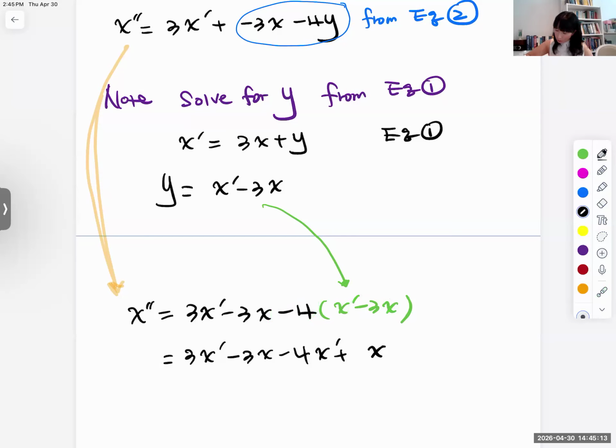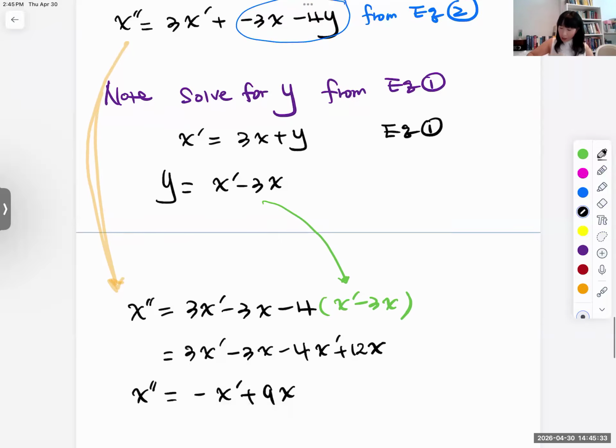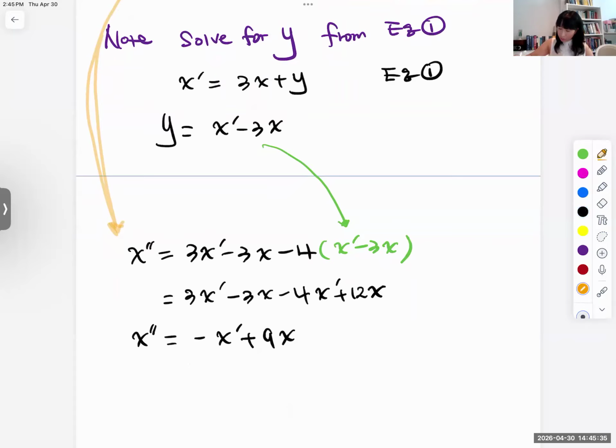Yeah, positive 12x. Okay, then notice that we combining prime with prime, so which is negative x prime, and negative 3 plus 12x, which is plus 9x, yeah? So that is the answer.